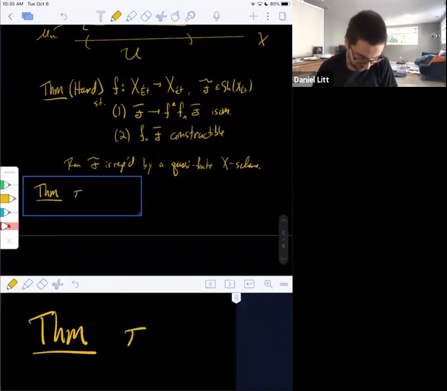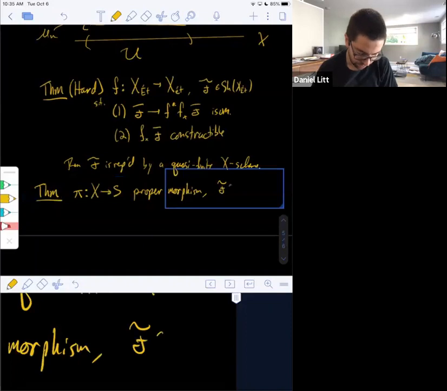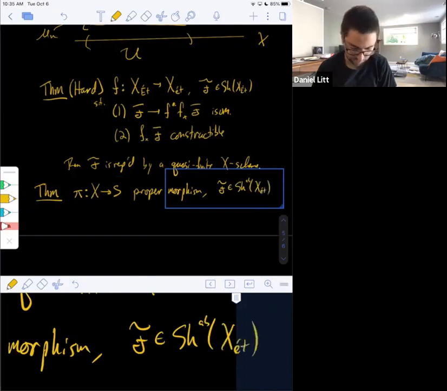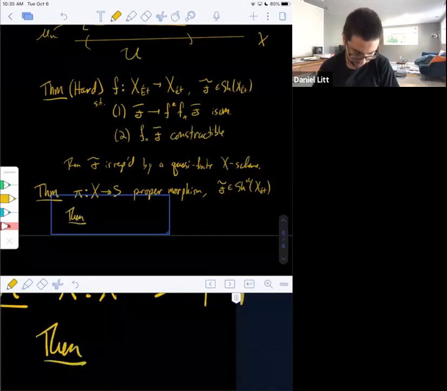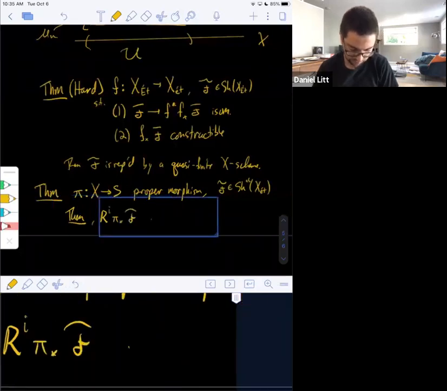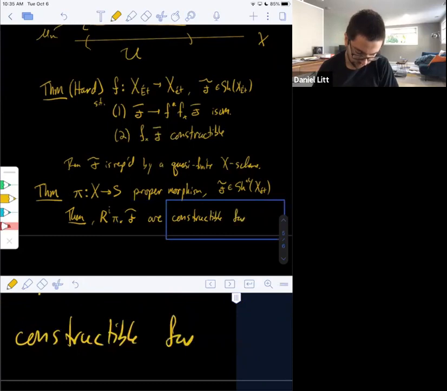Suppose pi from X to S is a proper morphism, and F is a sheaf of abelian groups on the small Etale site of X. Then the theorem is that the derived push forwards of F are constructible for i at least 0.